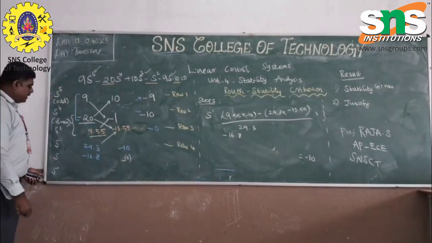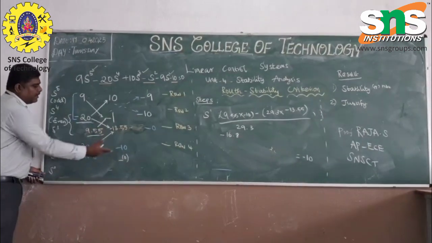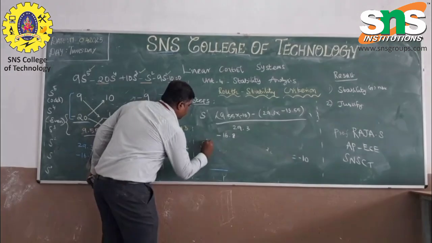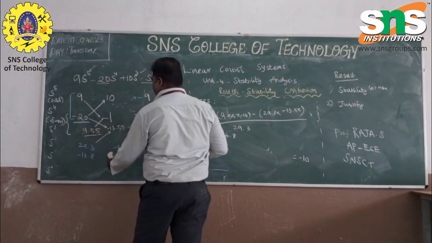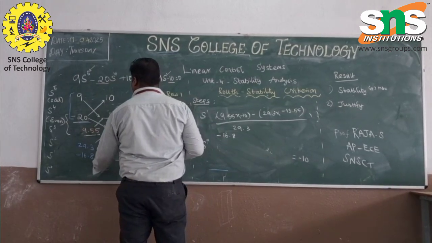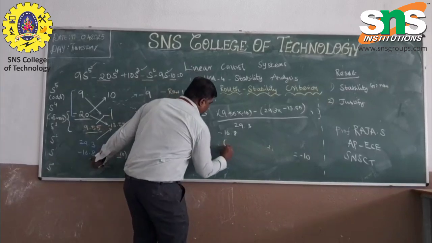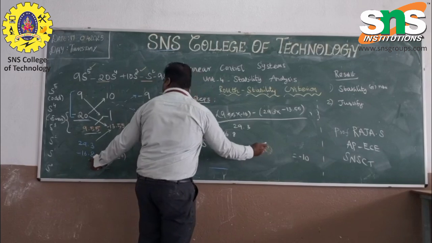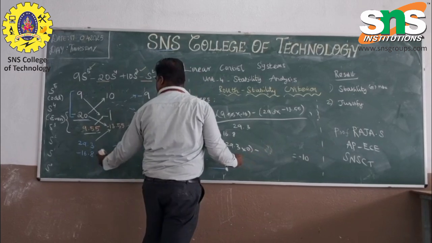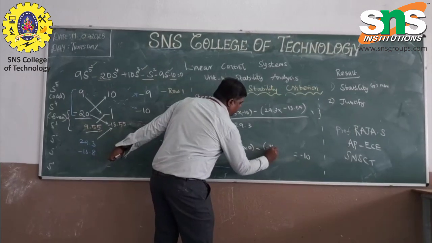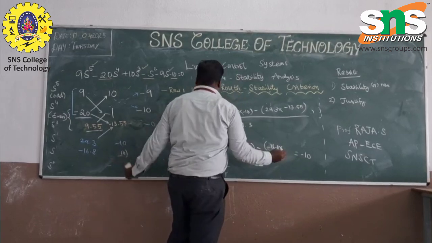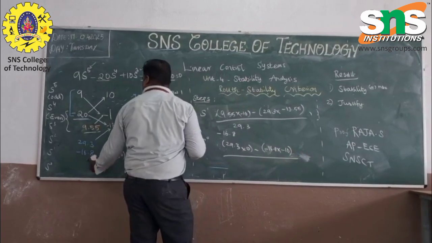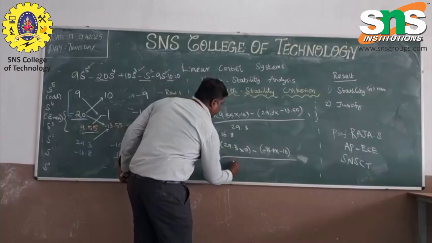So finally I can do s power 0, since only one term is there. s power 0 means the normal method, top into down minus down into top divided by the first term, that is 29.3 into 0 minus of minus 16.8 into the first term minus 10, the whole divided by minus 16.8.